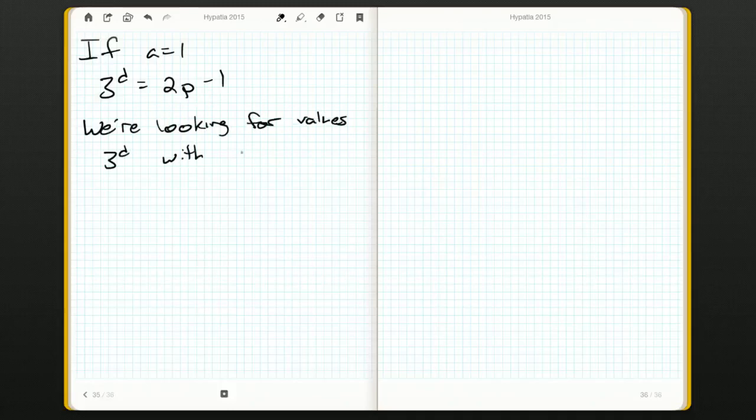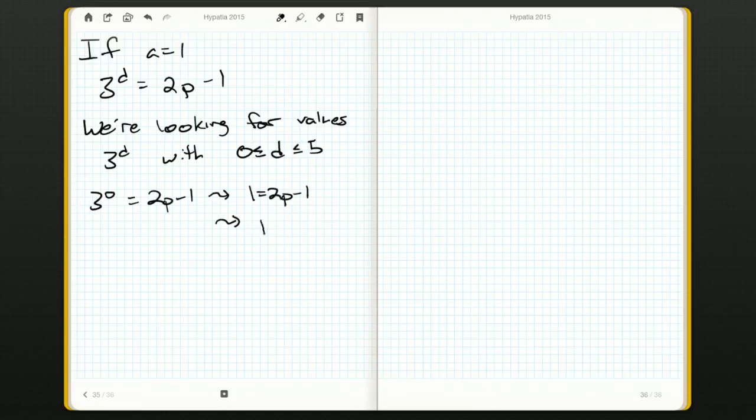Now, specific to this question, we're looking for D between 0 and 5. So if D is 0, we would get P equals 1, and that's not a prime.